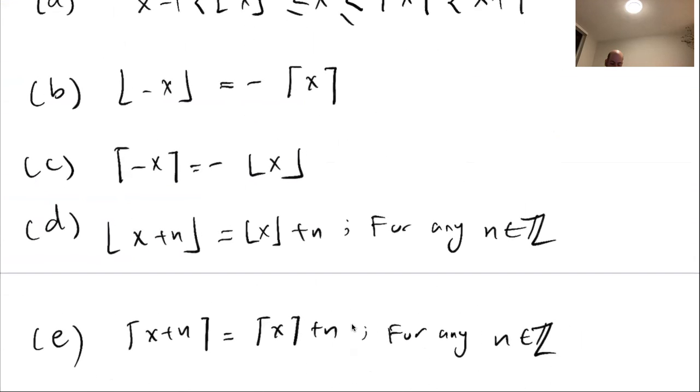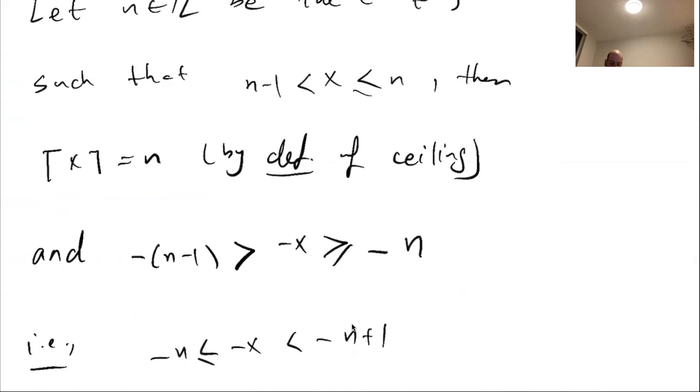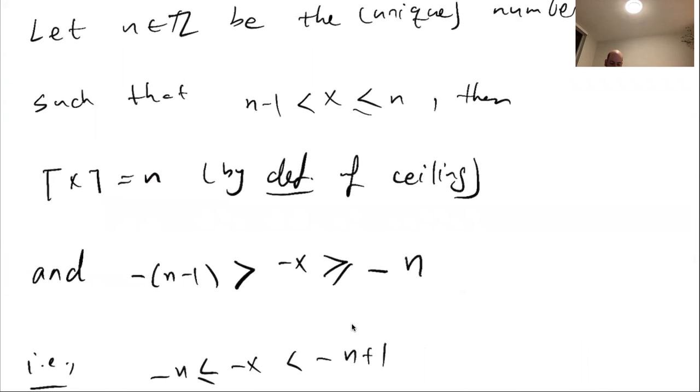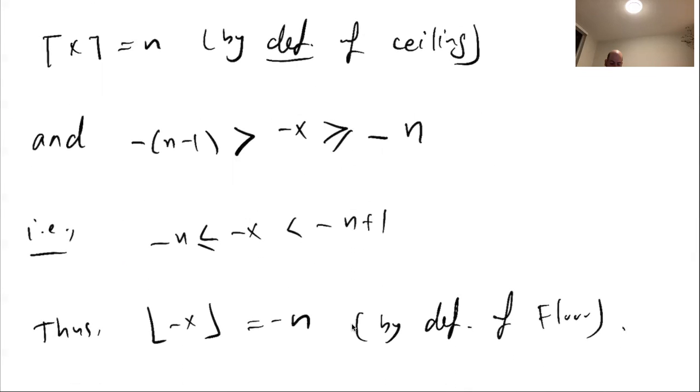See, in part B, I want to calculate the floor of minus x and compare it with the ceiling of x. I started with this inequality. I calculated the ceiling of x. Now the floor of minus x will be minus n. Why? Because minus x is bigger than or equal to minus n and less than minus n plus 1. The definition of floor was exactly saying that if x is bigger than or equal to m and less than m plus 1, then this number m would be considered the floor.